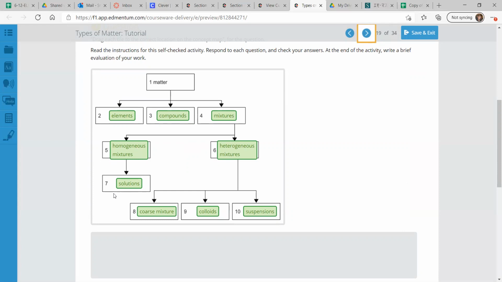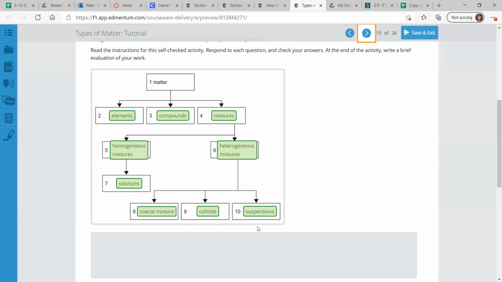That's stuff that you cannot tell the ingredients from one another. Heterogeneous mixtures, you can break that down into coarse, colloids, suspensions. So coarse mixtures, think of that salad where all the ingredients are just thrown together. Colloids, like milk, really tiny particles floating in a medium.